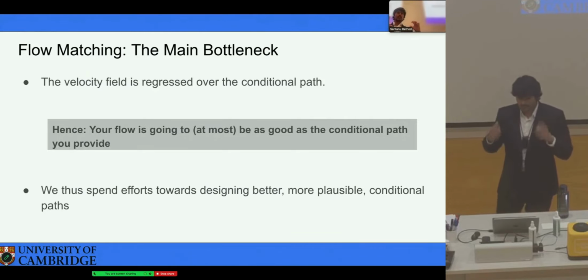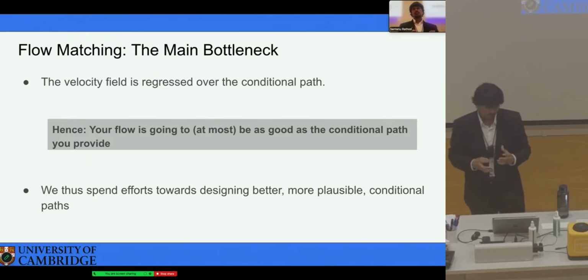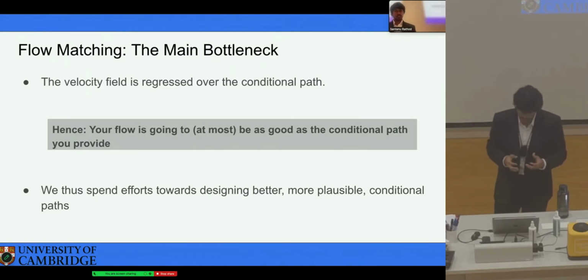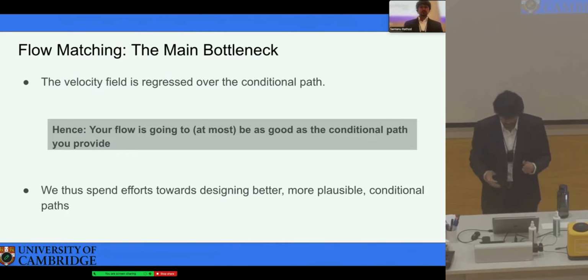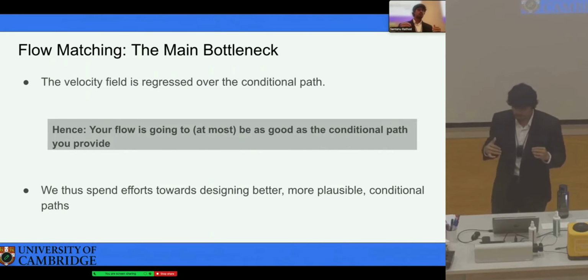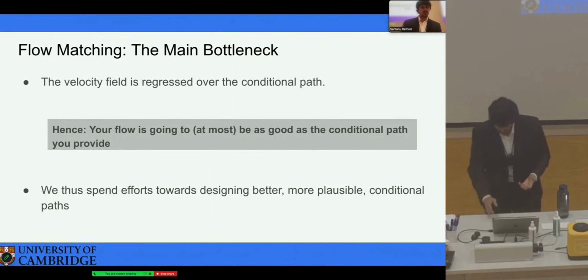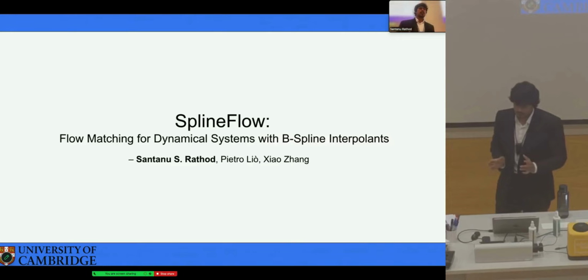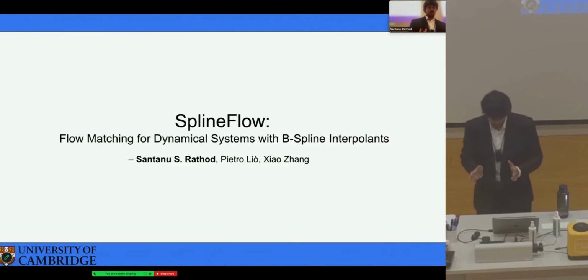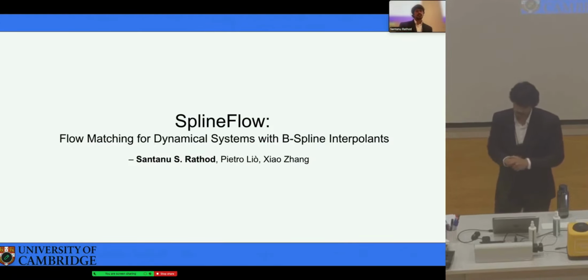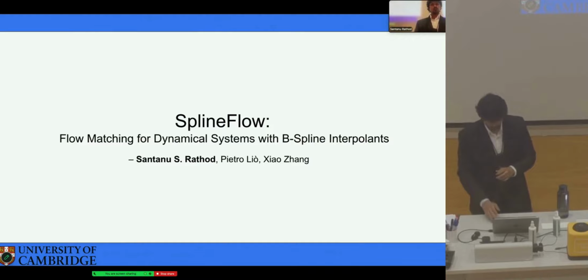And this is exactly the essence of the talk that I want to convey. And this is exactly why we also spend efforts towards designing better, more plausible conditional paths. So I'll start with the first part of this talk, which is spline flow, which is work I did with Pietro and Xiao, my supervisors.